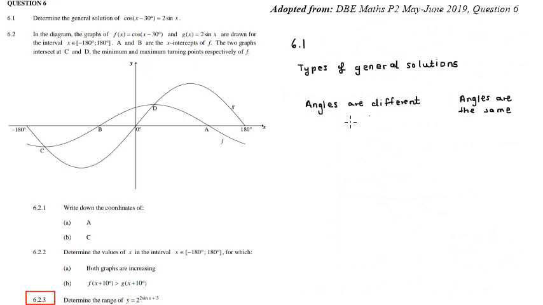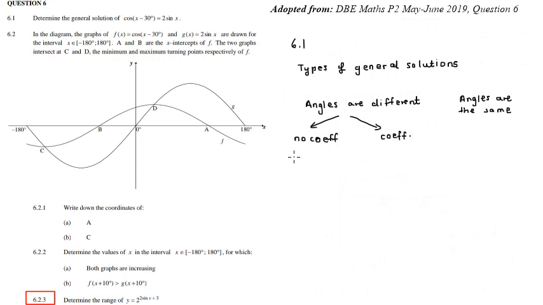If your angles are different, there's two situations that can occur. It's either you are going to have no coefficients in front of your trig ratio, in other words, you're not going to have an a value, or you are going to have an a value and a coefficient.